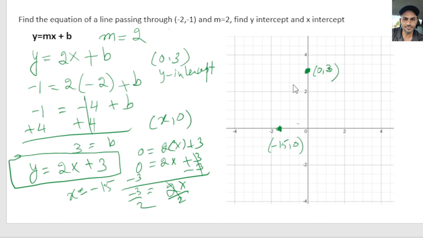Okay, now we can connect these 2 points, and this would be the graph of our line. So this is the line that goes through these 2 points right here. This is our y-intercept and this is the x-intercept. All right, that would be it.